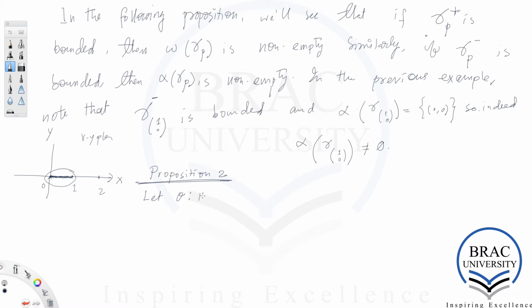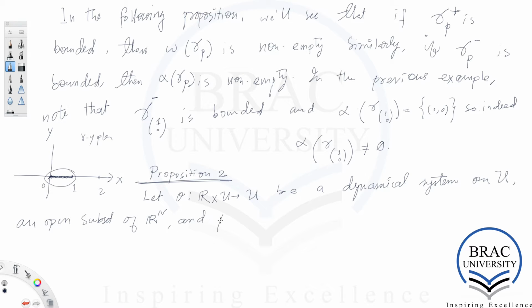Let theta from R cross U to U be a dynamical system on the open set U, an open subset of R to the n, and P is a point in this open subset, right?